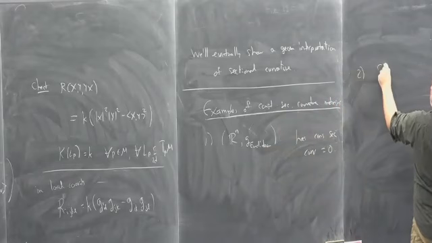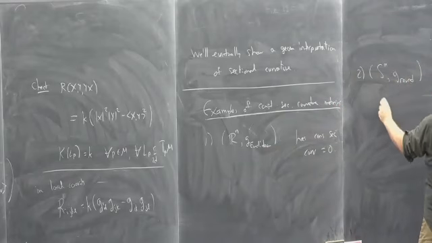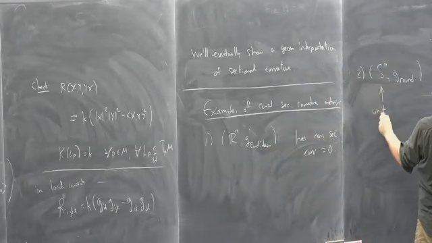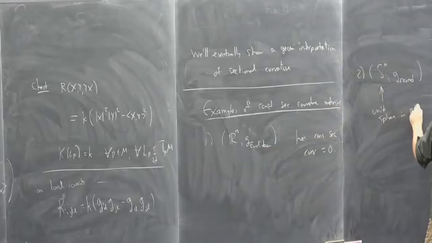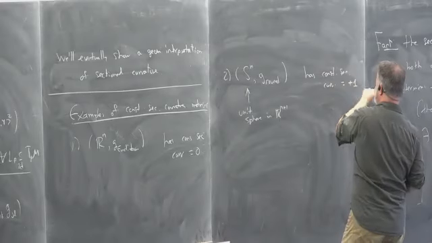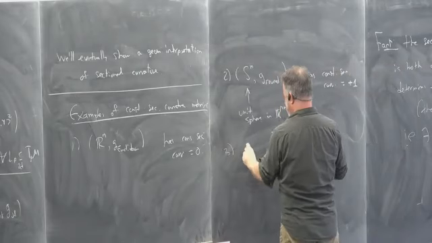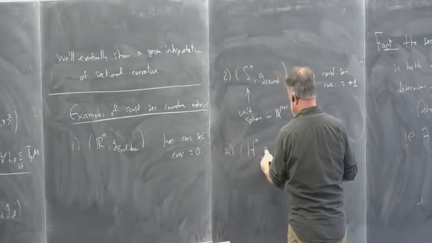If I take the unit sphere with the round metric, this is the unit sphere in R^(n+1), with the metric it gets from the Euclidean metric in R^(n+1) restricted, this has constant sectional curvature equal to plus 1. Okay, and there's something else called hyperbolic space.